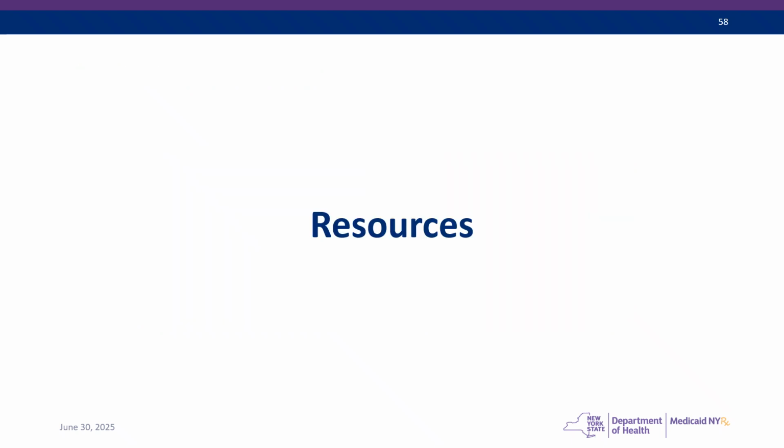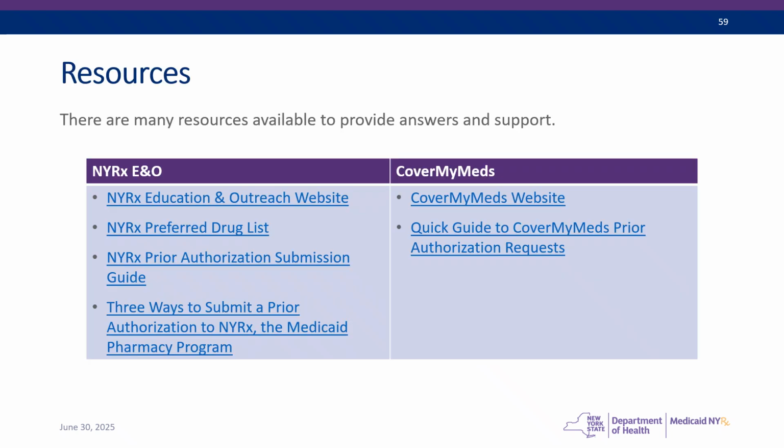Next, we'll discuss resources that are available to you. There are many resources available to provide answers and support. For NYRx E&O, there is the website, the preferred drug list, the PA submission guide, and the how-to guide for submitting a PA to NYRx.